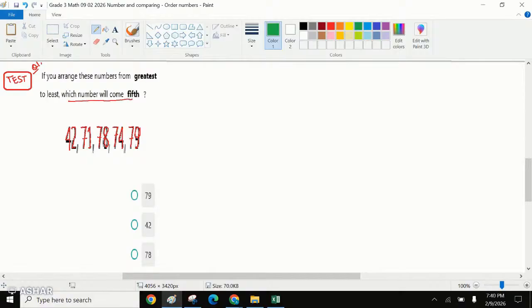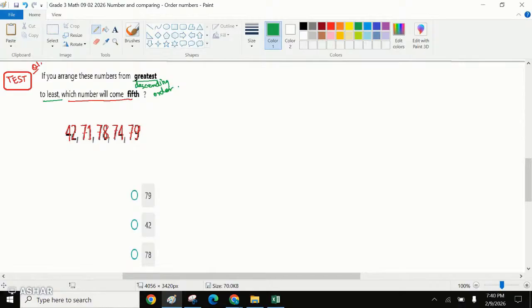So we already know we are doing the greatest to the least. That means descending order. Right? Descending order. So which is the smallest number? Which one is the smallest number? Yes, thank you, Nate.